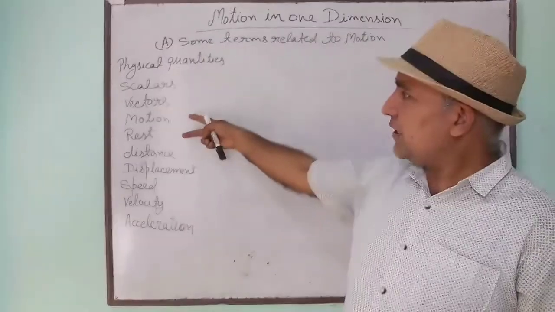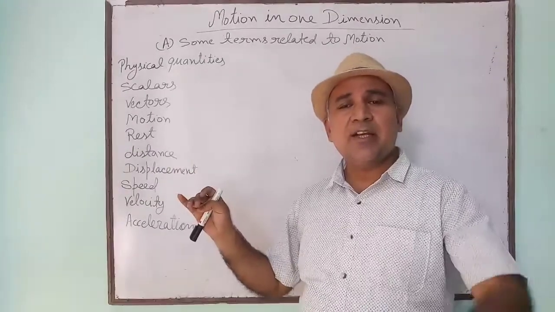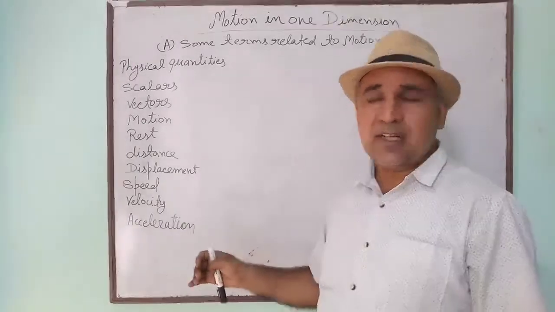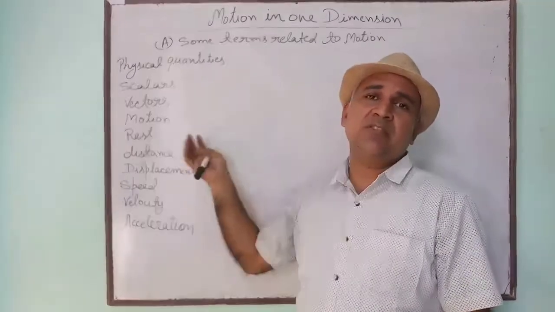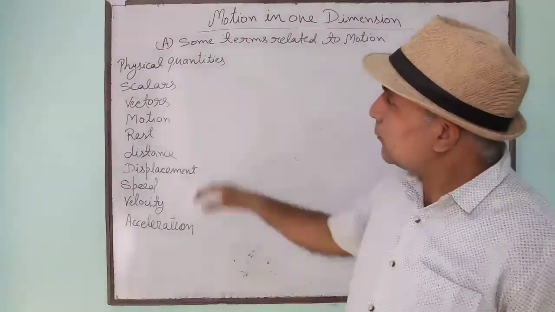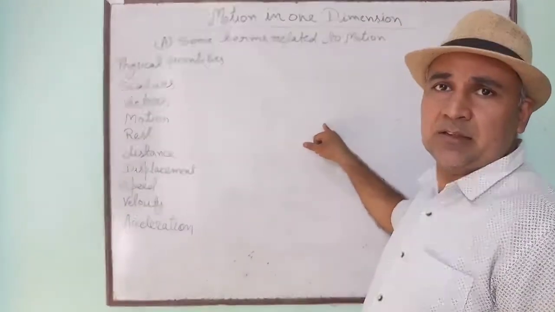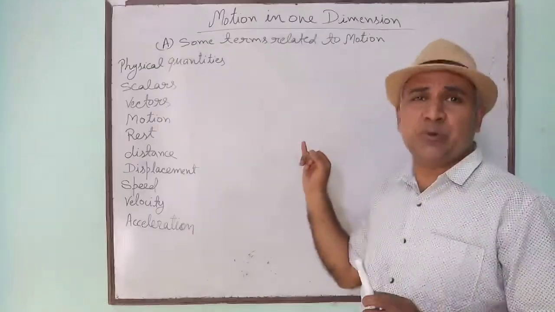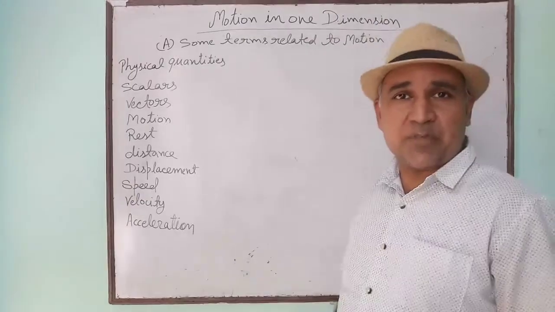Then we studied motion and rest position. About motion we studied that if an object changes its place, then the object is said to be in motion. And if the object does not change its position, then that object is called in rest position. Then we studied that if the motion of the object is on a straight path, then that type of motion is called rectilinear or linear motion, and that motion is also termed as motion in one dimension.